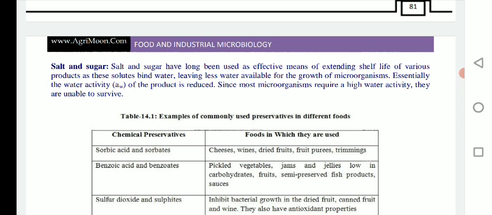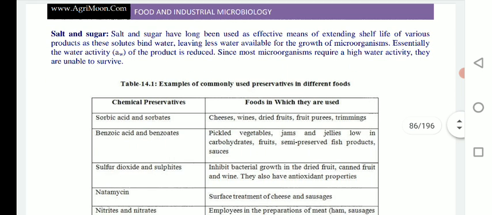In case of salts and sugars, as we have already studied, these are homemade preservatives we can use to preserve many kinds of foods like jams, jellies as well as pickles, and these are traditionally used preservatives. They act by increasing osmotic pressure, and salt and sugar have long been used as an effective means of extending shelf life of various products as those solutes bind water, leaving less water available for growth of microorganisms.